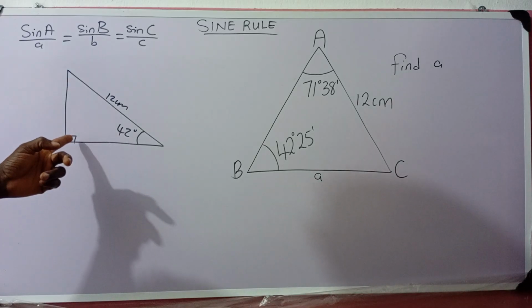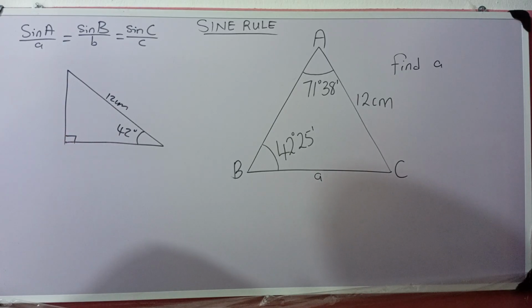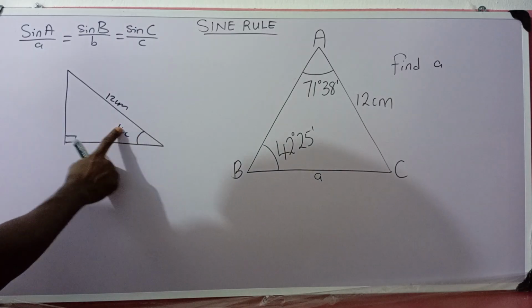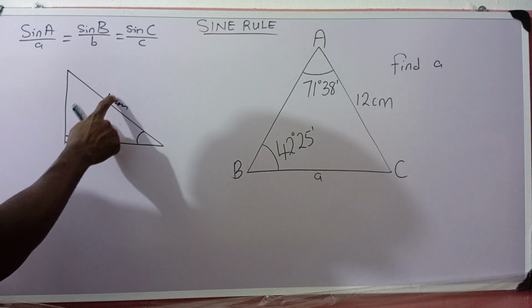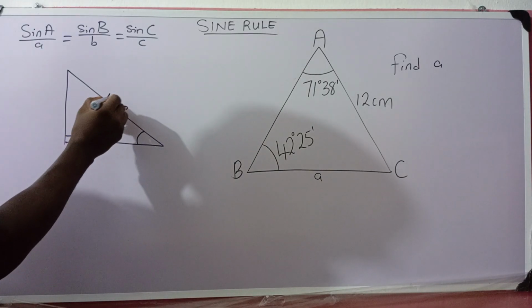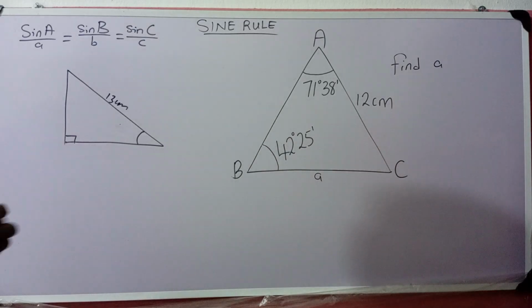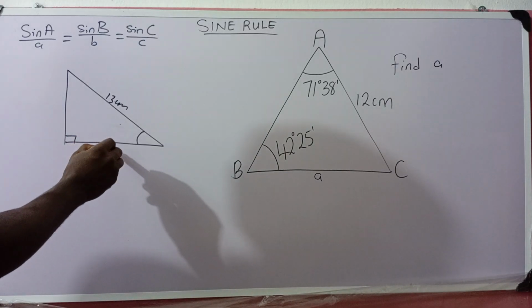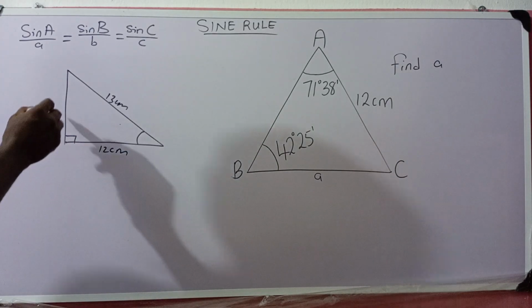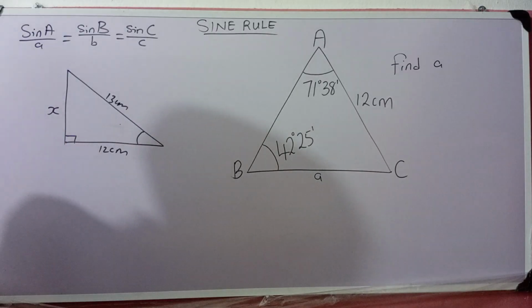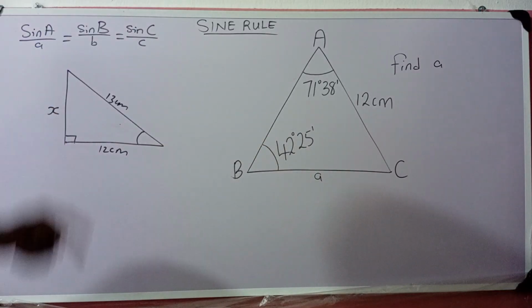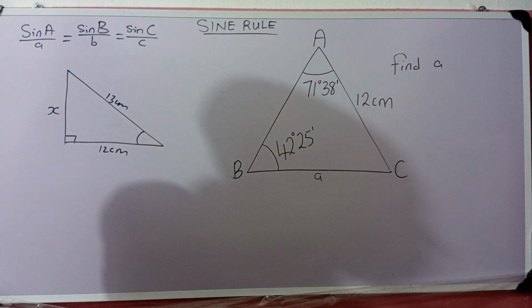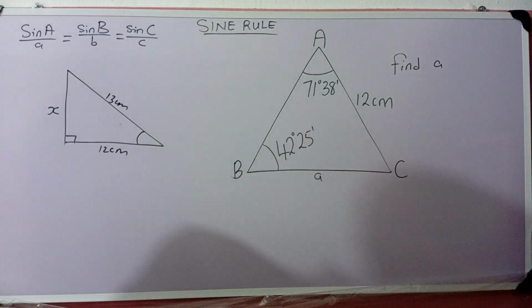The reason being that we are dealing with a right-angled triangle, where we have 13 centimeter on the hypotenuse side and 12 centimeter at this side. One can be asked to find side x of the triangle, and the concept we are going to make use of will be the Pythagoras theorem.